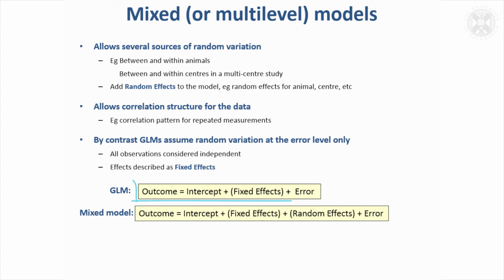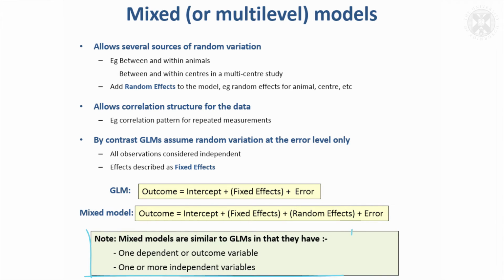Basically, general linear model, which is suitable for normal data, you've got fixed effects only, and in the mixed model you can also put in random effects to partition the levels of variation in the data, and that can have several desirable properties. Just a note there to say that still you've just got one outcome, it still has a pattern of one outcome and then one or more independent variables on the right hand side of the equation.